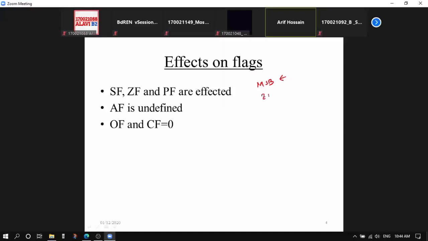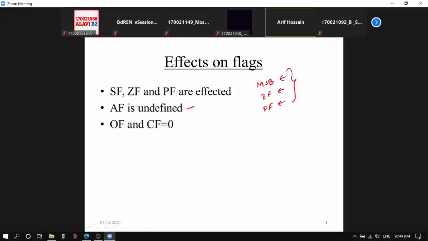Next comes zero flag. This will also be affected because whatever result you get will be stored in your destination. If the destination is 0, then zero flag will be 1, or else zero flag will remain 0. Then comes your parity flag. If you remember, parity counts the number of ones. If the number of ones is even, parity flag will be 1, otherwise 0. So this is how these three flags will be affected.